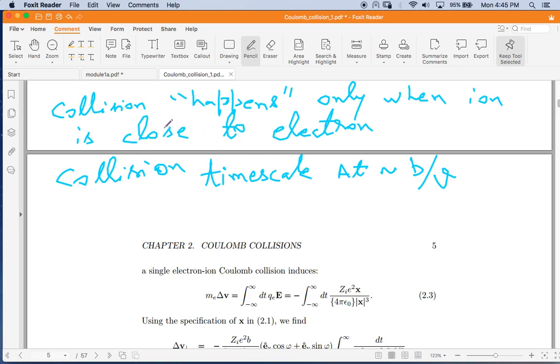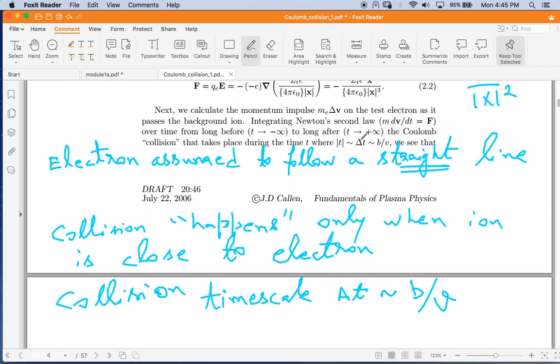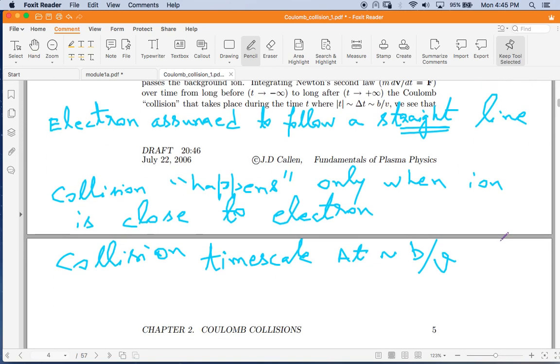Okay, that follows just from this sentence. Okay, b is the distance of closest approach, and the ion is zipping past at a velocity v, and so it just follows that the collision time scale is something like b over v. This is something to keep in mind. We won't really use it in the calculations, but just keep this in mind.